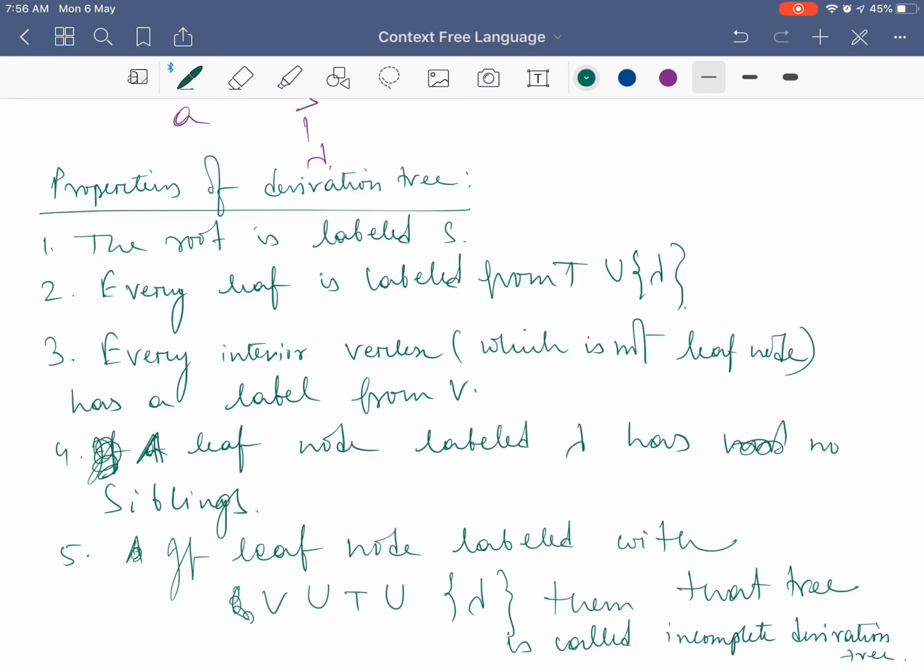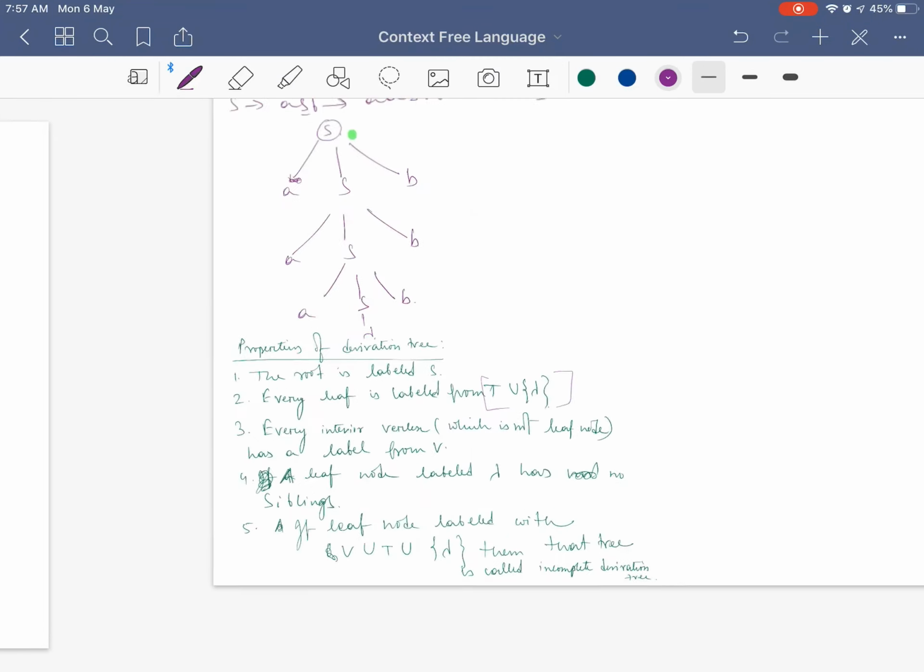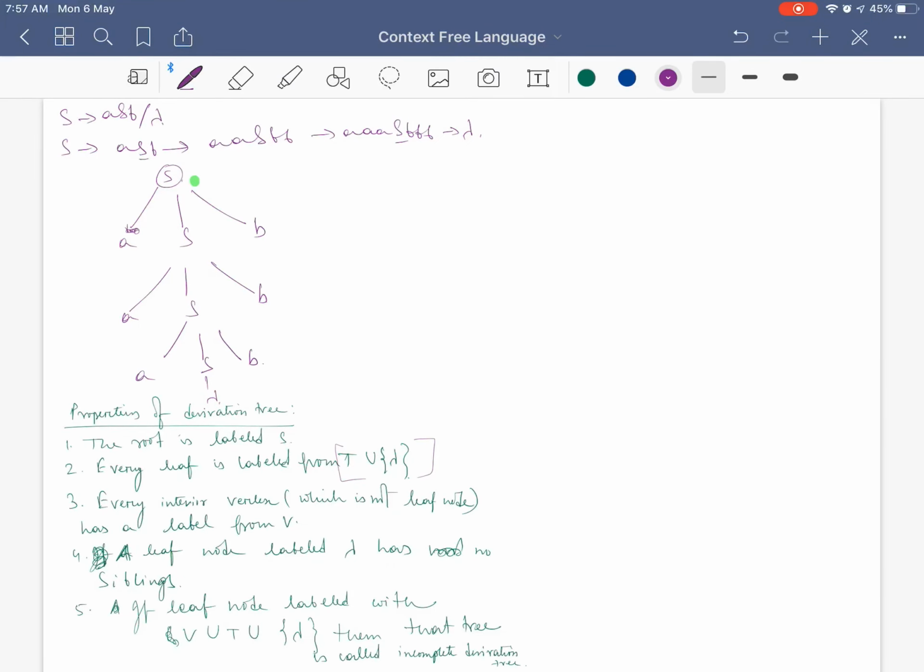So, the first thing is that the root is labeled with S, every leaf is labeled with T union lambda, every interior vertex which is not a leaf node has a label from V, and a leaf node labeled with lambda has no siblings. If a leaf node is labeled with V union T union lambda, then that tree is called an incomplete derivation tree.